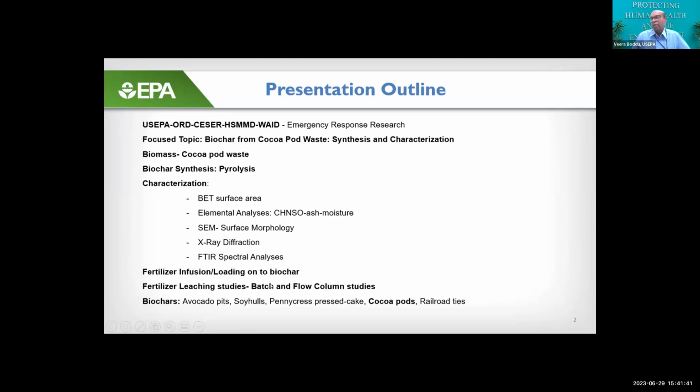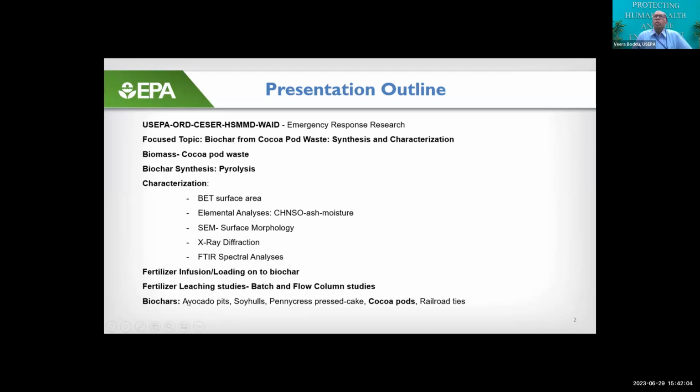Once we have these slow release fertilizers made out of cocoa pod biochar, we wanted to study how they leach, and on the flow column studies. I think this part is done at Dr. Gonzalez's lab in ARS, Indiana.